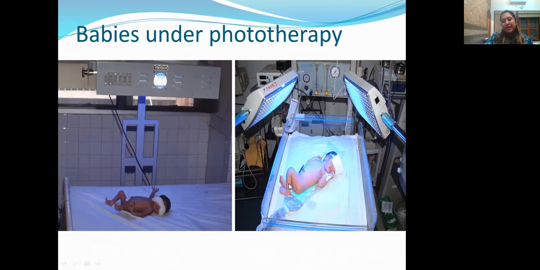And the baby has to be exposed maximally. Only the eyes and genitals always need to be covered at all times. Eyes have to be covered with a small eye mask, and genitals can also be covered with a thin mask or a small diaper in order to expose all the body parts.